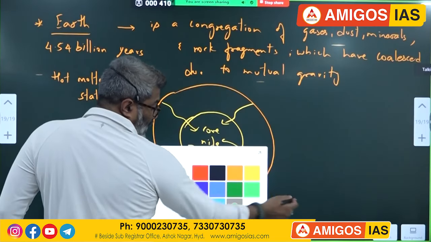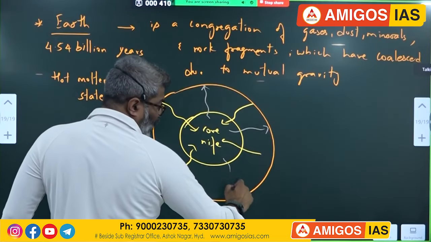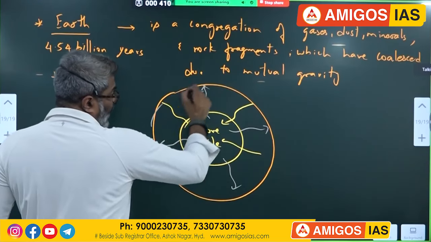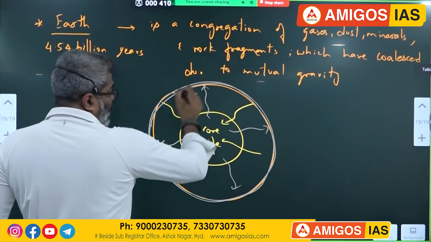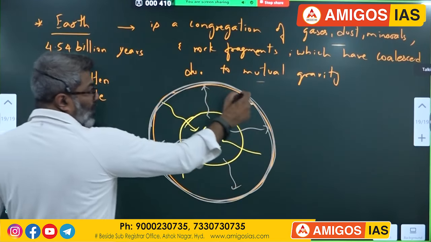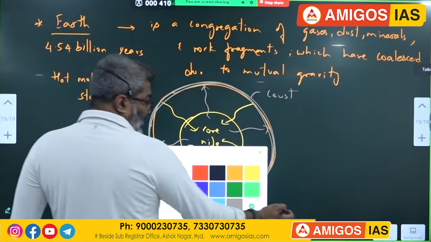Lighter elements like silica, alumina, oxygen, gases, hydrogen and all came out. All the gases were here. Minerals of low density came up, forming crust. Okay, now all of you know how various layers were formed.